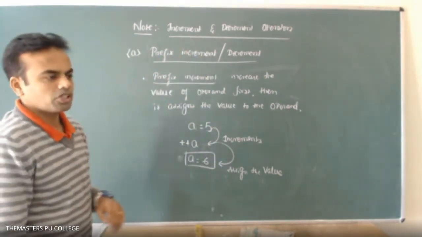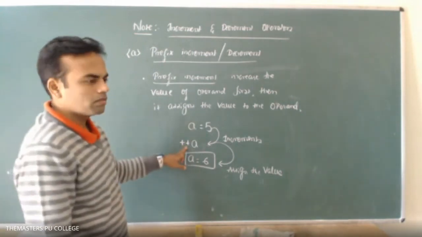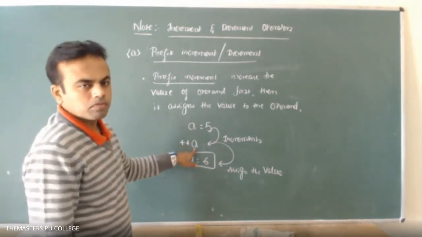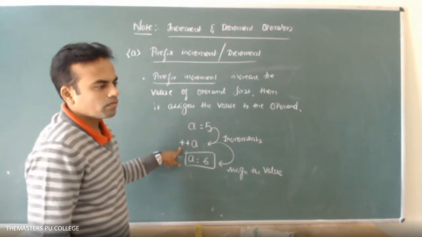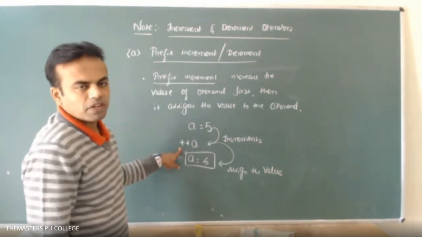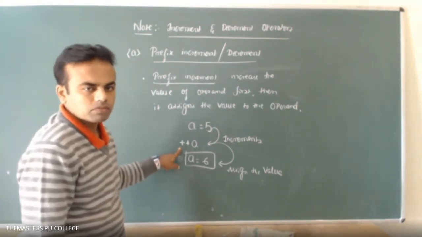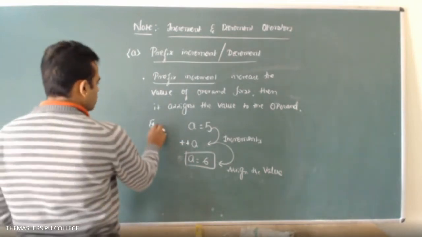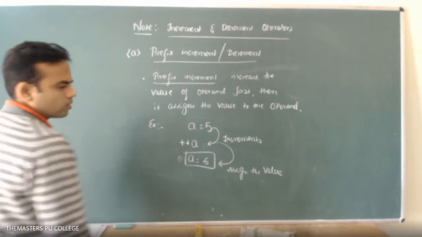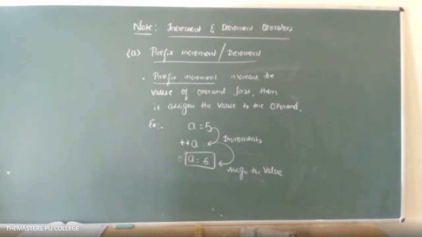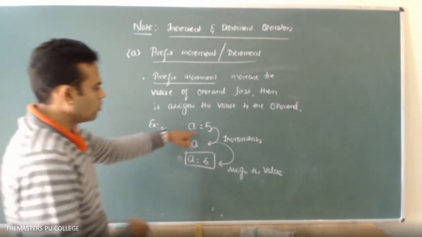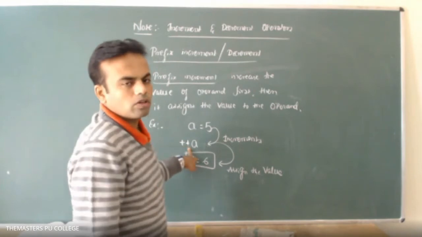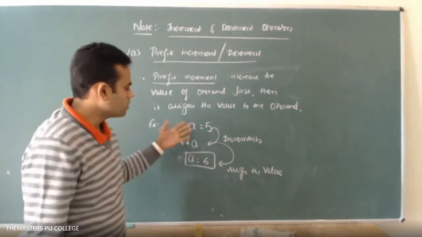Here it is the operand, and here I have written plus A, the prefix increment operator. Okay, is that clear? Right? Write down the example also. So first of all, it increases the value of the variable by 1. After that, it assigns the value.